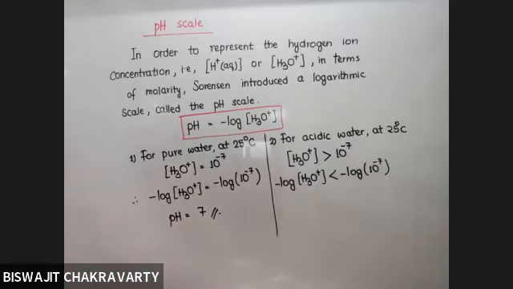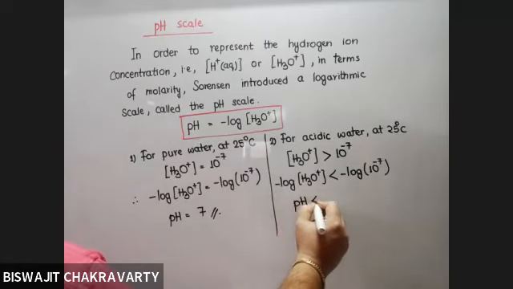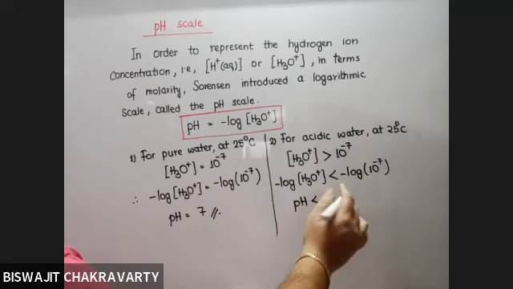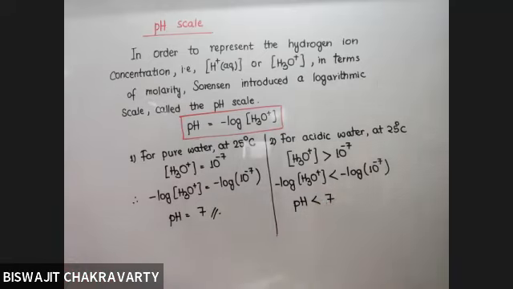Why the inequality sign gets reversed in the next step? Because of the negative sign, sir. Because of the negative sign. We write 3 greater than 2. But if I put a negative sign in front of both, then minus 3 will become less than minus 2. Understood? So pH will be less than 7. So for acidic medium, remember pH is less than 7.